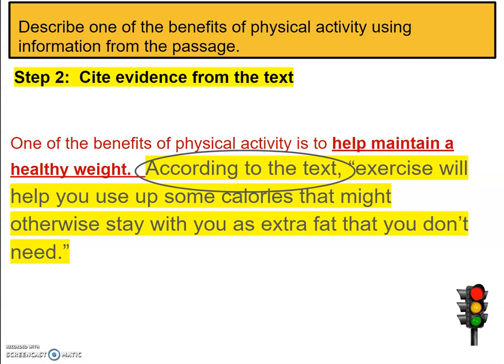So what we've pulled from that passage is, according to the text, that circle there is our signal phrase, exercise will help you use up some calories that might otherwise stay with you as extra fat that you don't need. All right, so that particular sentence is our step 2, our C step, where we have cited evidence from the text and incorporated the signal phrase and direct quote.